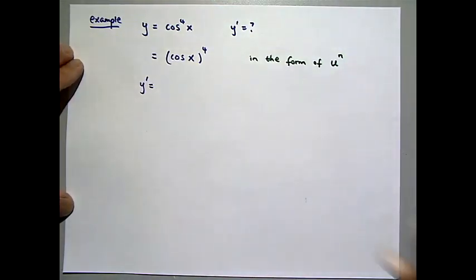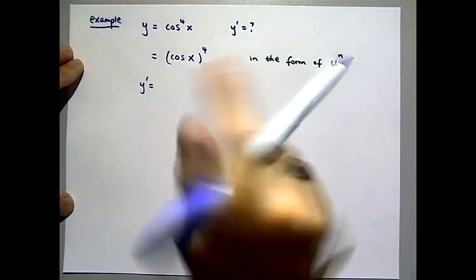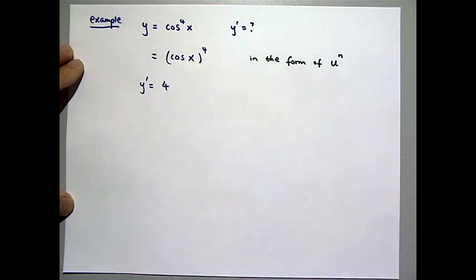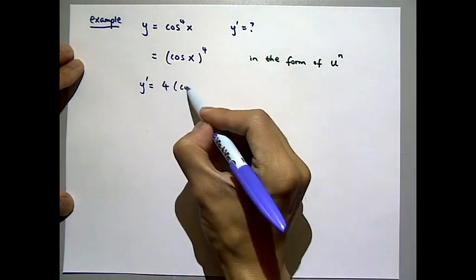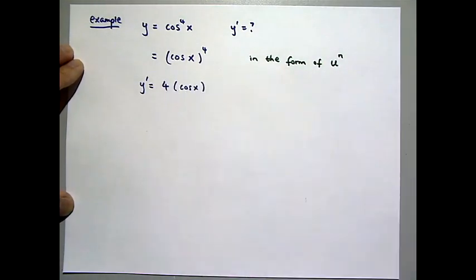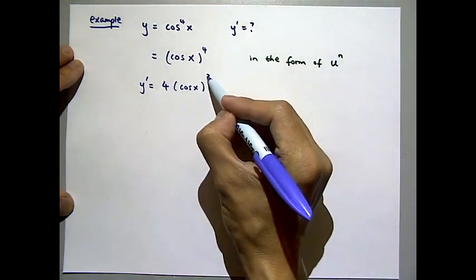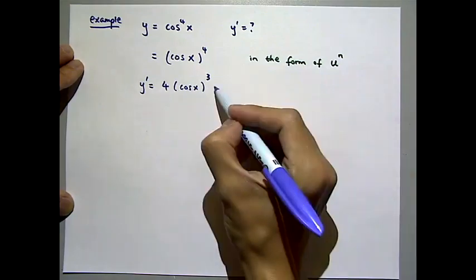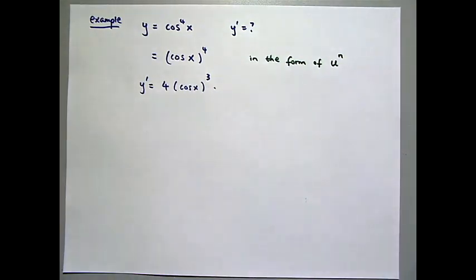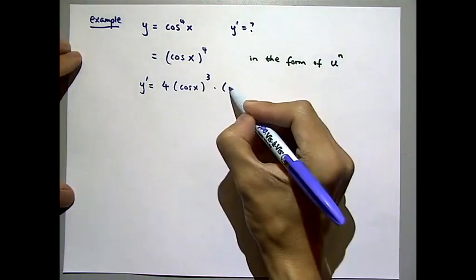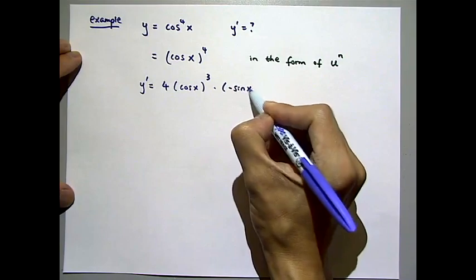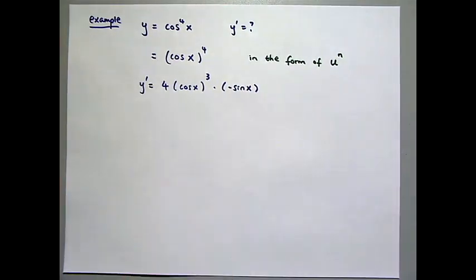So we pretend that's an x, bring the power down, keep whatever that thing is the way it is, reduce the power by 1. Now we account for the fact that that thing is clearly not an x, so we multiply by the derivative of that.